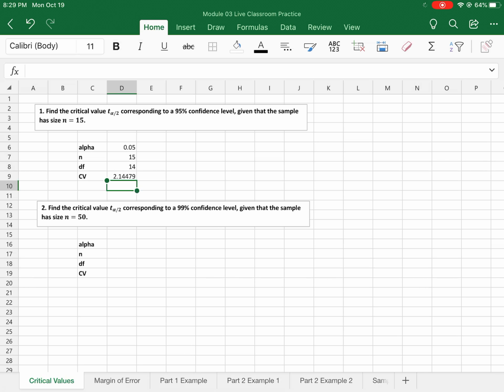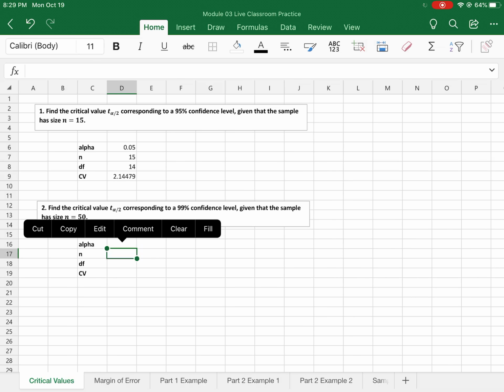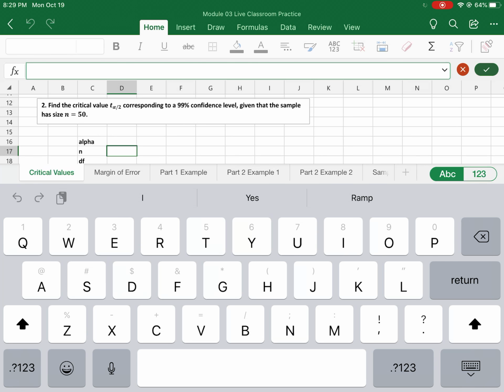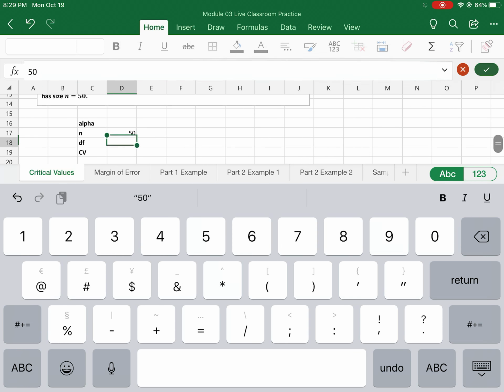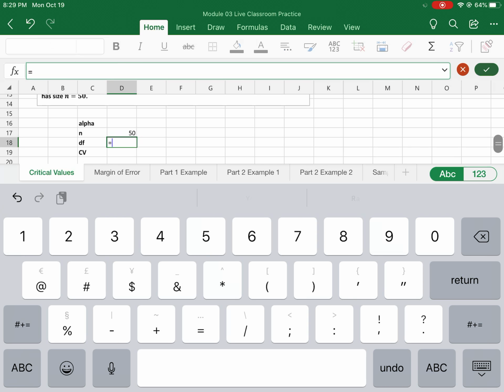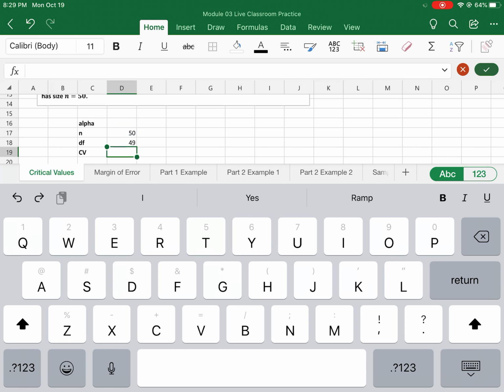So kind of like what we're doing with a lot of these videos, go ahead and pause the video and come back and check your work. Okay, welcome back. So the first thing you do here is I need to go ahead and put in my sample. So my sample size here is 50. Okay, my degrees of freedom, I'm going to type that in, equals, okay, so that minus 1, I'm going to hit enter.